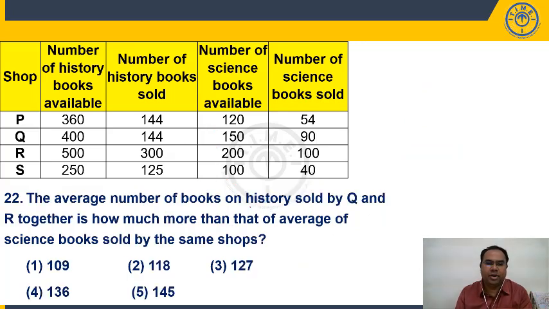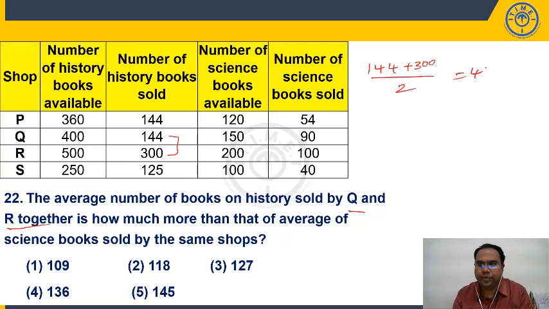Question 22. Average number of books on history sold by Q and R. Average is 144 plus 300 by 2. So this is 444. This is about history. Science: same.